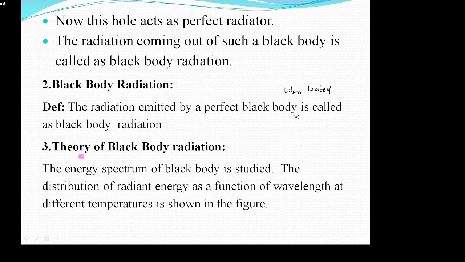The energy spectrum of a black body can be studied. Energy spectrum means the distribution of radiant energy, that is, how much energy the black body is radiating as a function of wavelength at different temperatures.